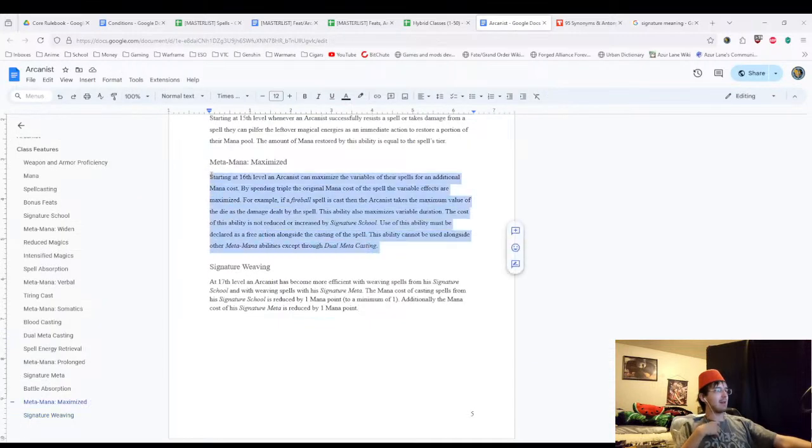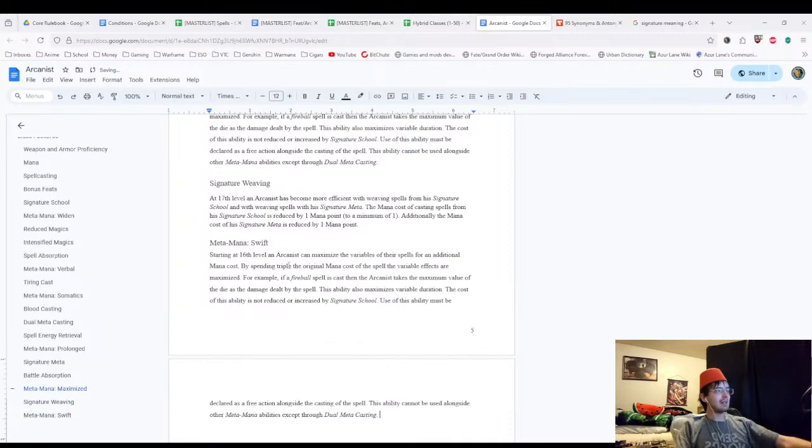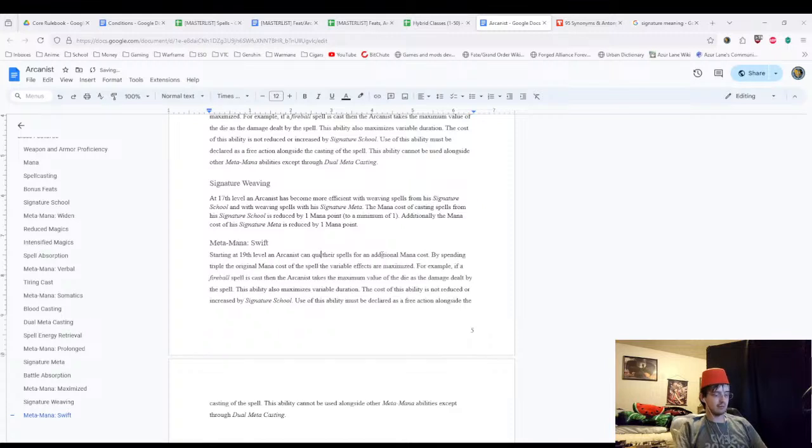This is just going to be Meta Mana maximized, but it makes it so that you can cast spells on a standard action. Boom, 19th level. Meta Mana Swift can maximize, Arcanist can their spells for an additional mana cost.